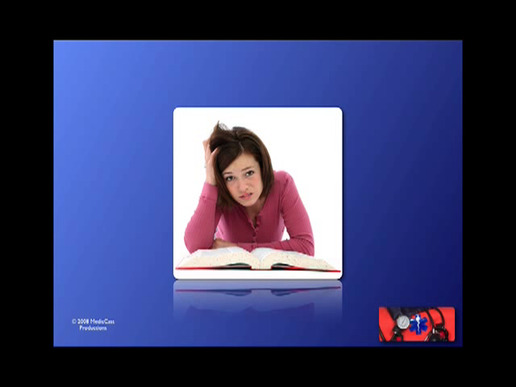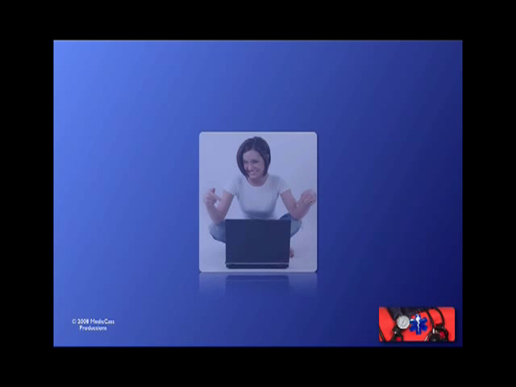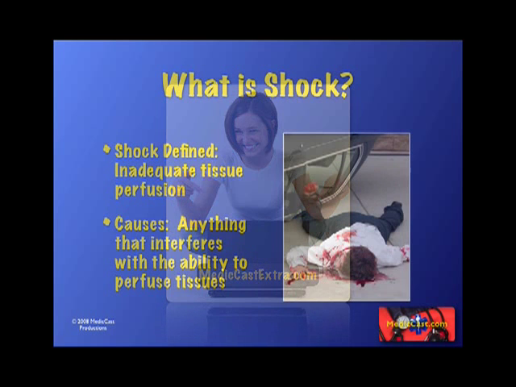So my goal here in this short segment is to really simplify shock, make it very easy to understand at its basic levels, and then you can start breaking that up and taking it piece by piece into a deeper understanding of the concepts surrounding shock. That is the way we can help you go from this student to this student: a student who's confident, who has found online resources available, like the MedicCastExtra.com site.